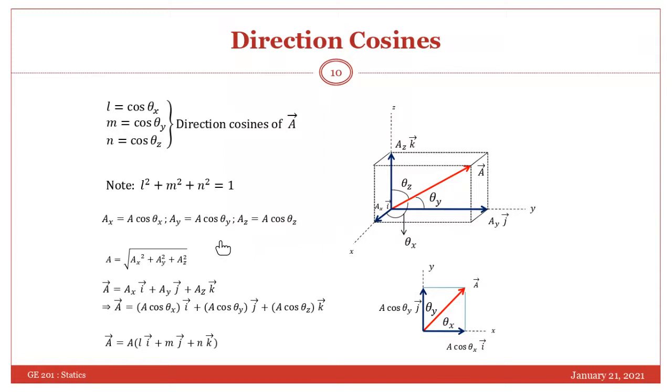Ay will be A cosine theta y, and Az will be A cosine theta z. And of course, if you take the summation of their squares, it will be equal to the value itself. And if you want to express it in vector form, then vector A equals Ax i plus Ay j plus Az k.